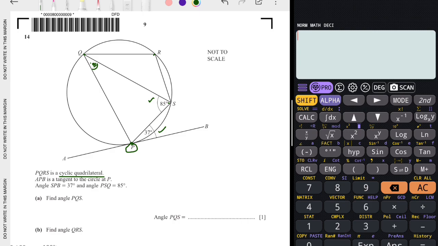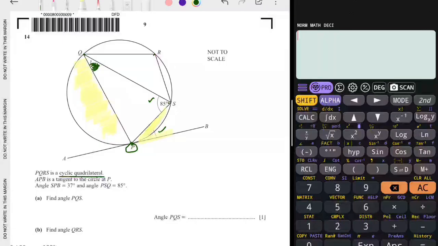Look at this, the chord one. Tangent and a chord is equal to the angle in the alternate segment, that is this one. This is the alternate segment, and this angle would be equal to then this angle.